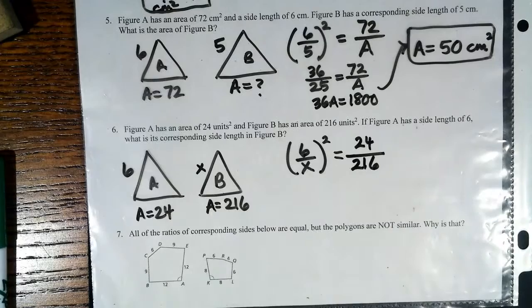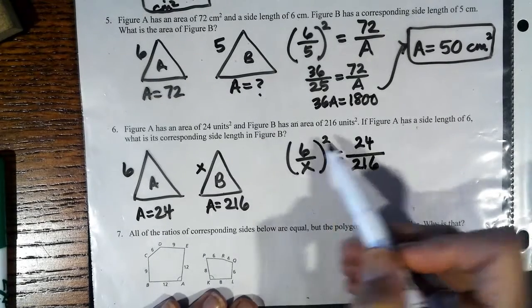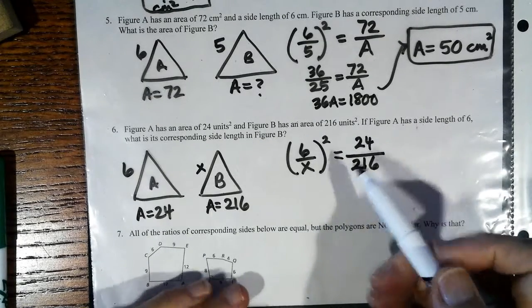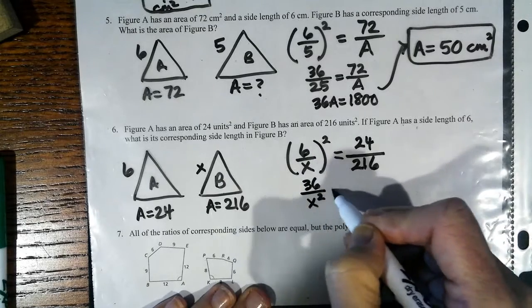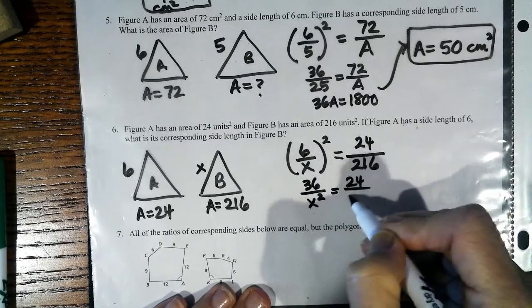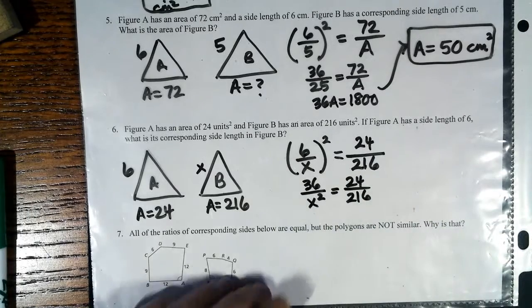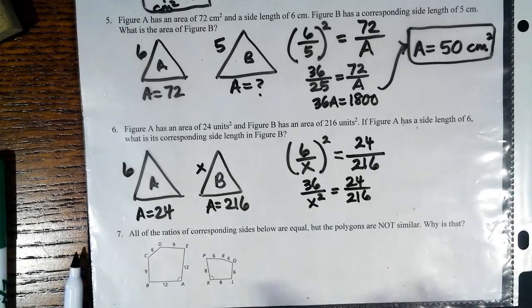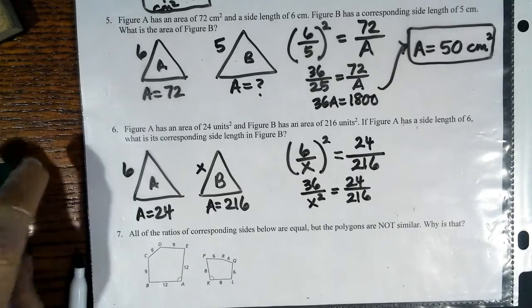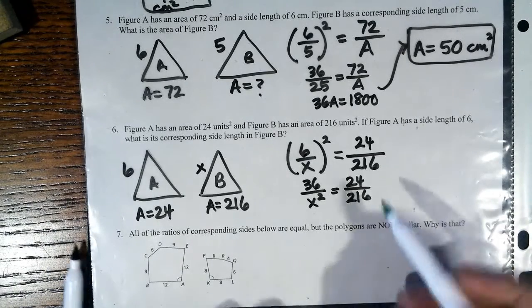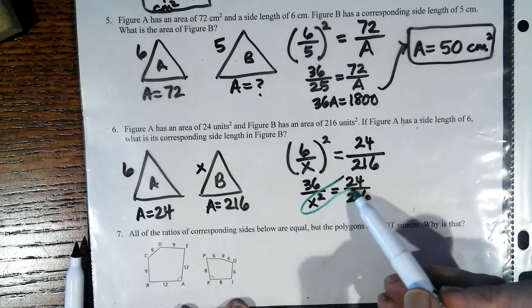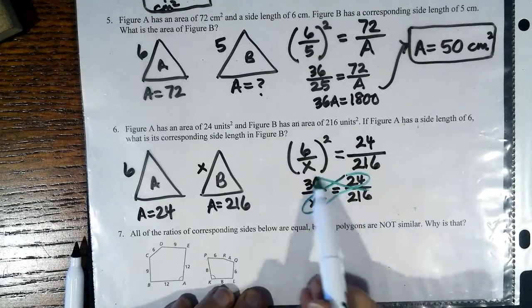This could be written upside down, but you're going to have to do a little bit of math here, because this will give you 36 over x squared. Now at this point I could reduce stuff, but the numbers are bigger than I care to notice, so let's do cross products.